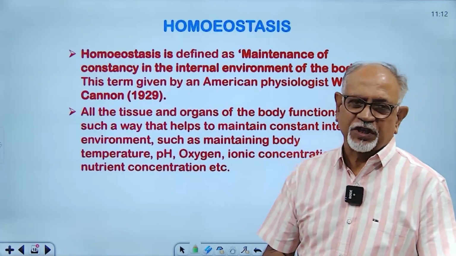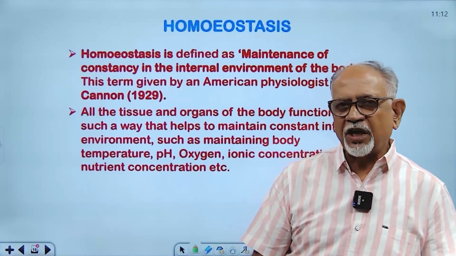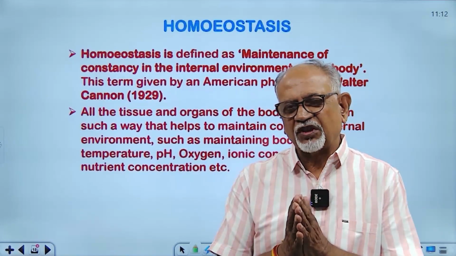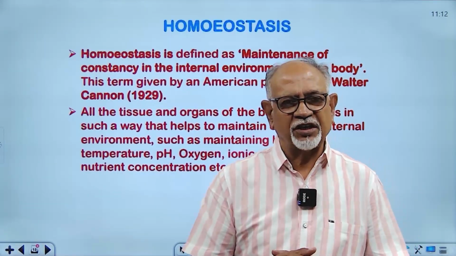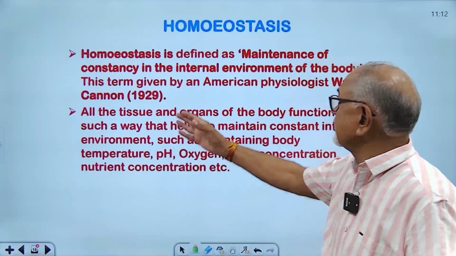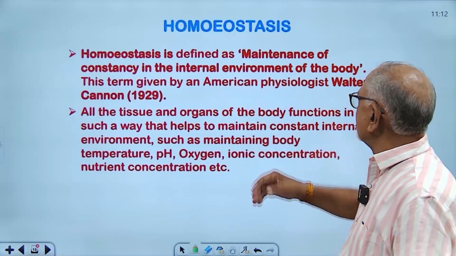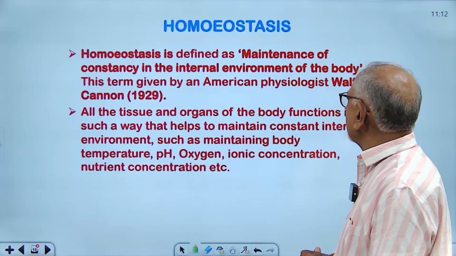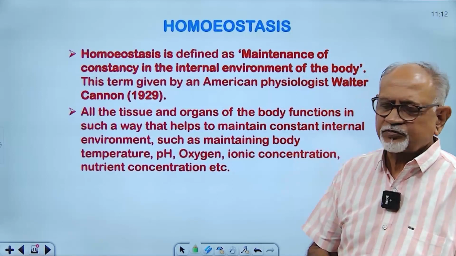Now, homeostasis. Homeostasis is a phenomenon by which a constant, stable physiological environment is maintained in the body. It can be defined as the maintenance of constancy in the internal environment of the body. This term was given by an American physiologist, Walter Cannon.